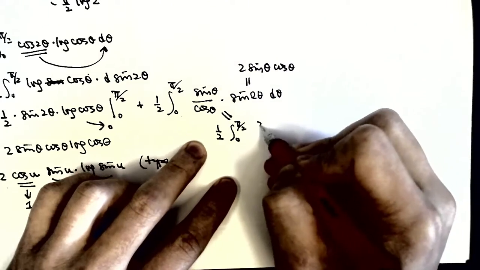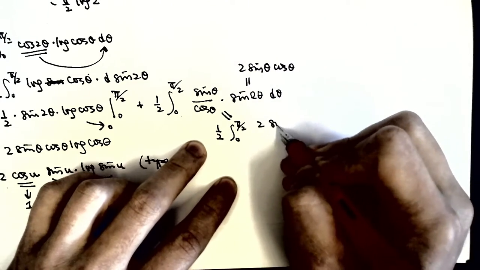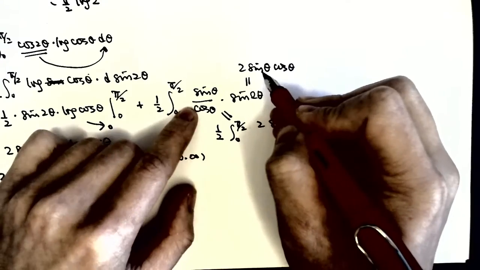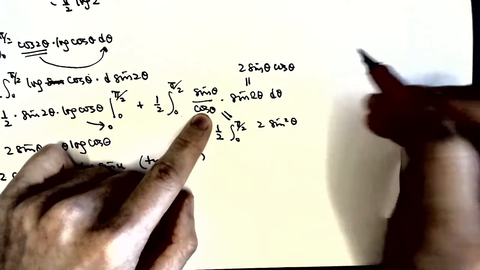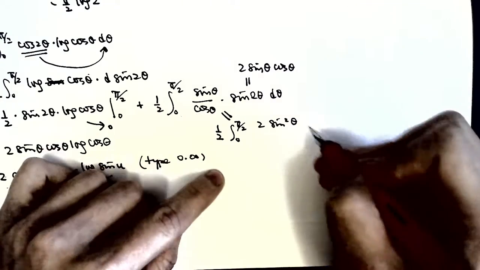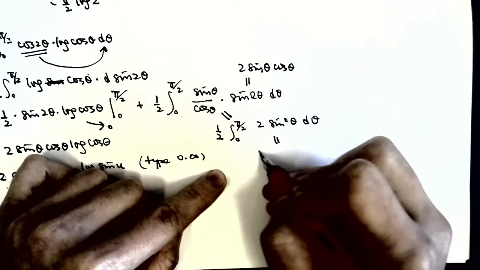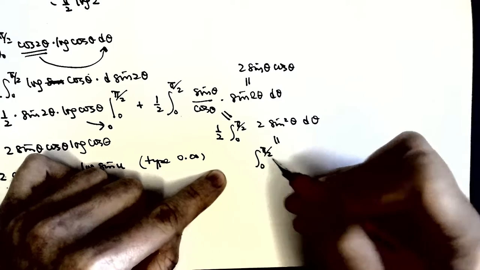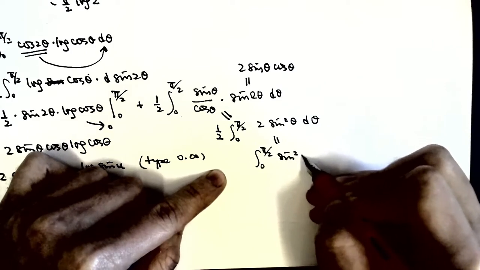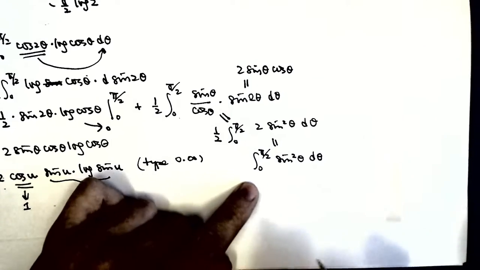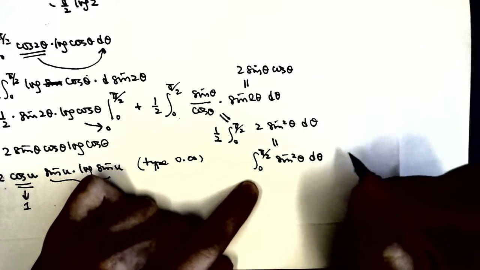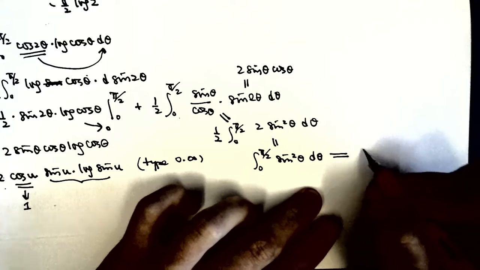So we will have 2 sine square theta, and the cosine theta will cancel each other. So what we have here will be the integral from 0 to pi over 2 of sine square theta d theta.